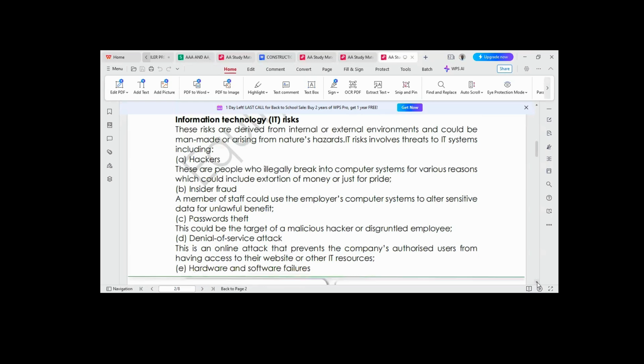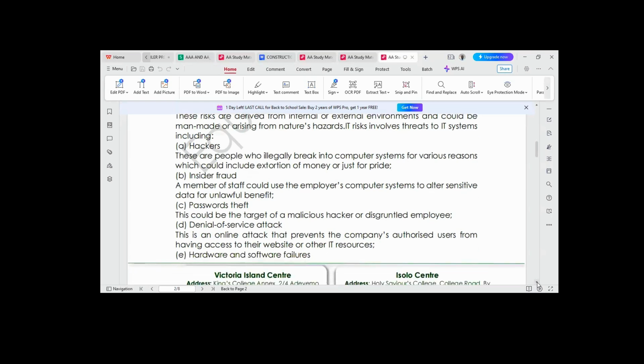Then there's another we call the denial of service attack, DDoS. Okay. All this does is that it prevents the company's authorized users from having access to the website or other IT resources.